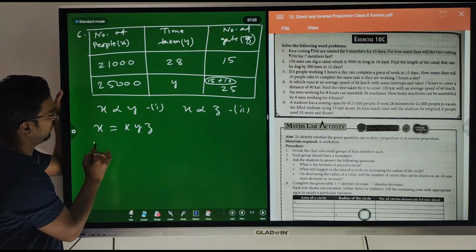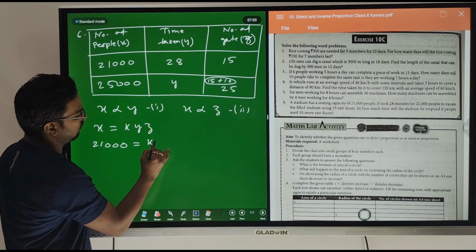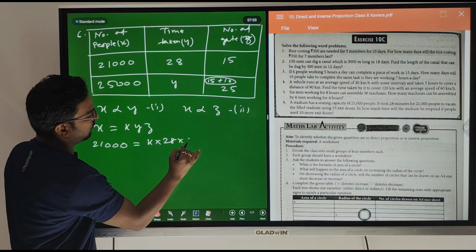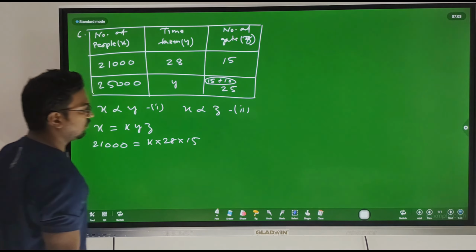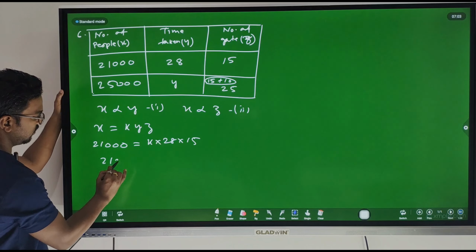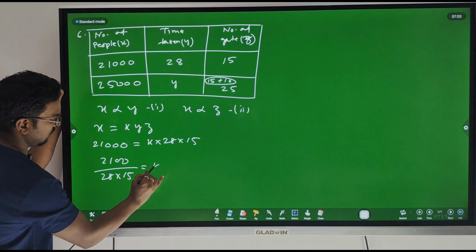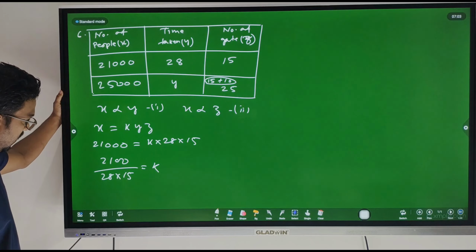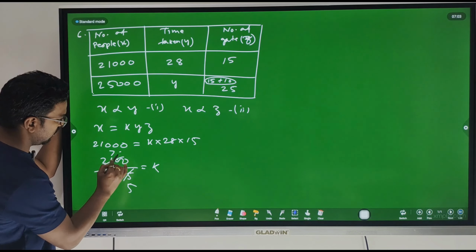So here x is given 21,000 and k we don't know, this is 28 into 15. So bring it to the other side, 21,000 divided by 28 into 15 is equals to k. So can you divide by 3? 3 7s are 21.